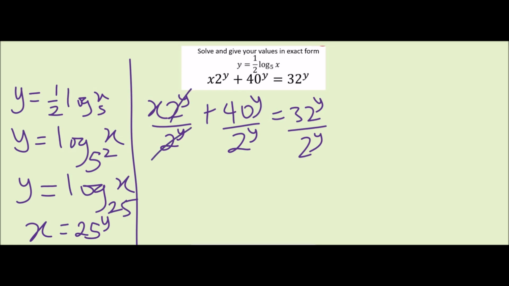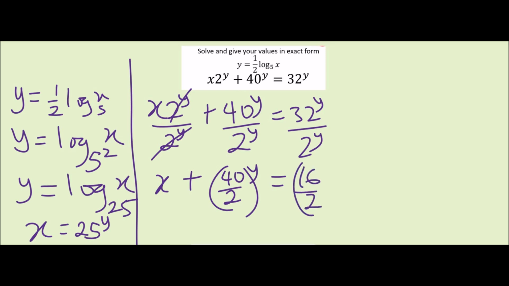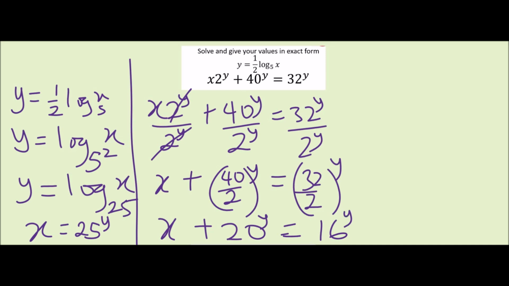This cancels this, I have x plus 40 over 2 to the power of y equals 32 over 2 to the power of y. Let me not jump any step. So I have x plus 20 to the power of y equals 16 to the power of y.